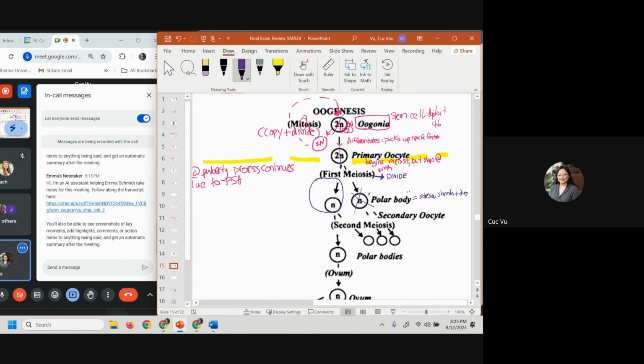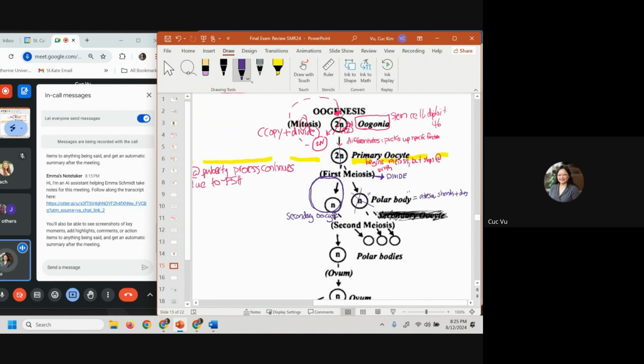Okay. But the one that results, that keeps all of the good stuff, is referred to as a secondary oocyte. We're just going to erase this right here, and we'll write it over here. So at the end of meiosis 1, you really only have one cell.